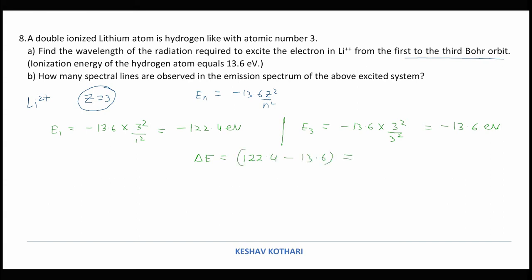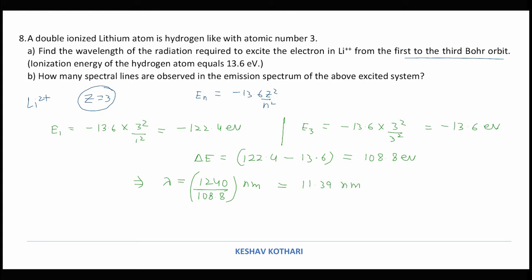That is, the energy gap is equal to 108.8 electron volt. So from here I can calculate the wavelength of the radiation which is required. So lambda can be calculated as 1240 by 108.8, and the value will be obtained in nanometer, which is equal to 11.39 nanometer.